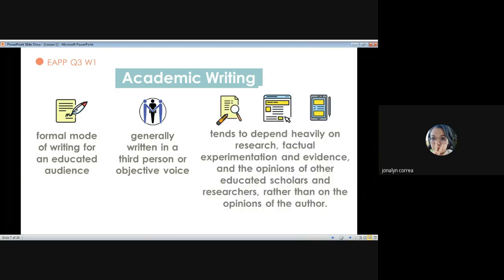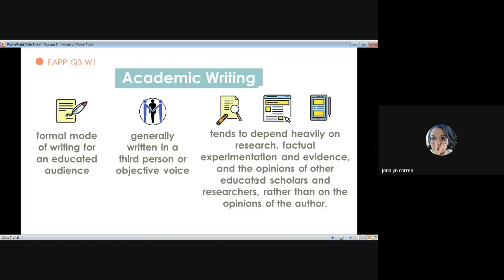It tends to depend heavily on research, factual experimentation, and evidence, and the opinions of other educated scholars and researchers rather than the opinions of the author. So basically, academic writing is more on facts, and it is written formally.